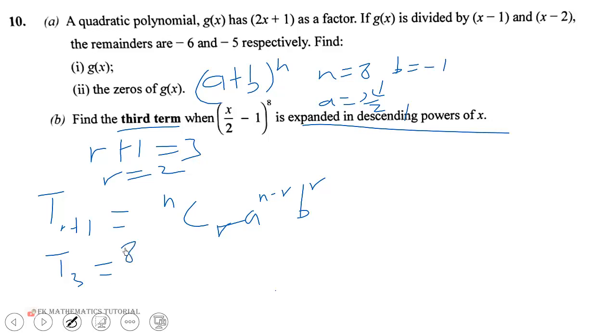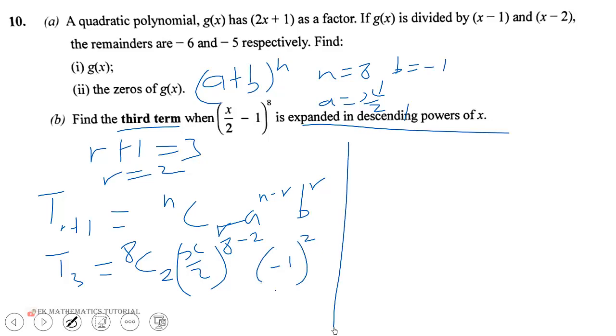So 8 combination r, which is 2, a, which is x over 2, exponent n minus r. So n is 8 minus r, so 8 minus 2. Then b, which is negative 1, exponent 2. So the third term will be equal to 8 combination 2.